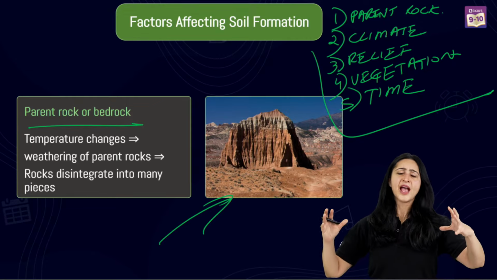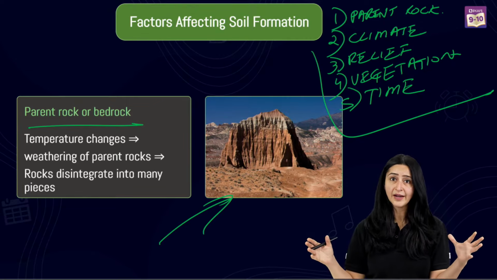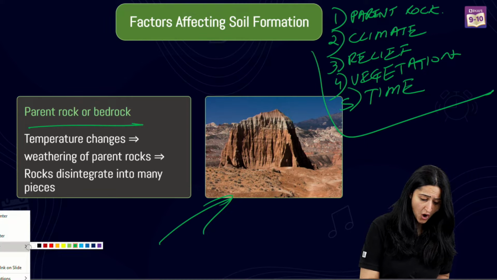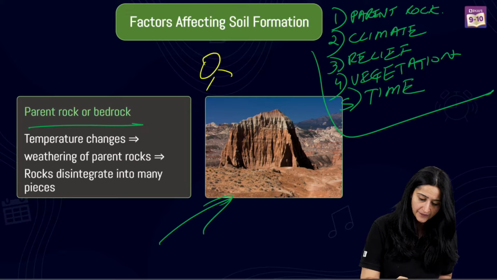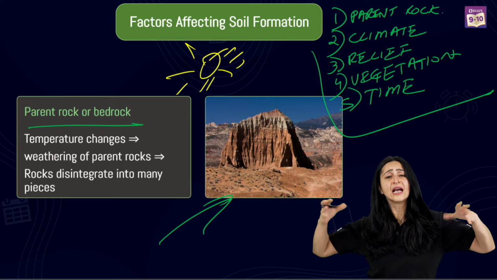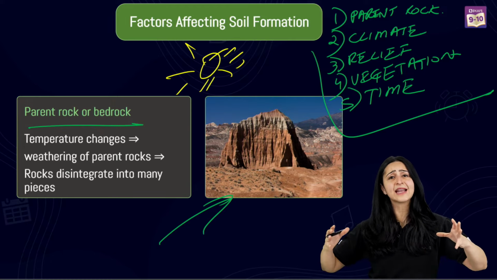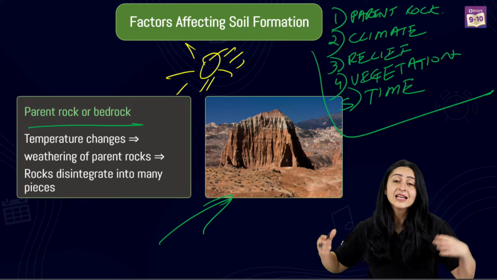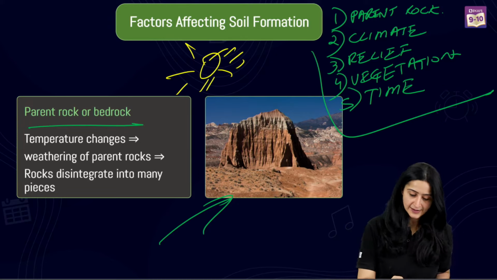Now, just imagine that this rock is standing over there, and sometimes you have really strong sun. What happens when you have sun beating down, high temperatures? Well, we know that when there are high temperatures, things start to expand.